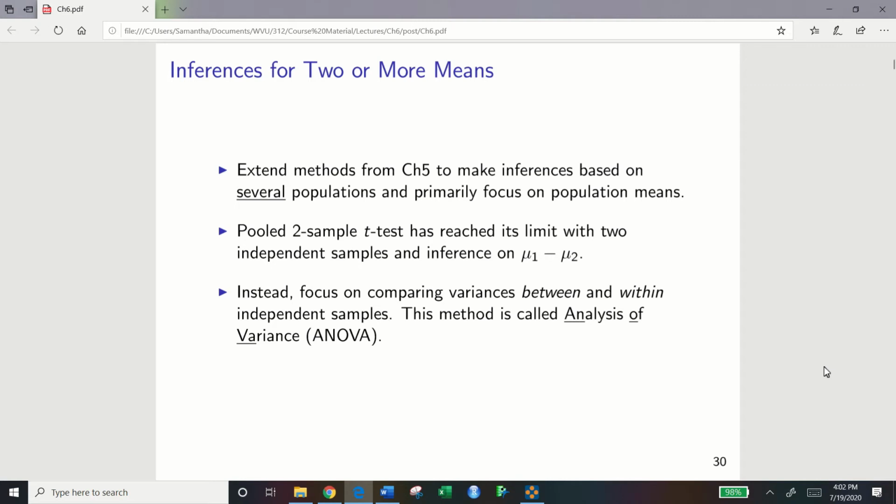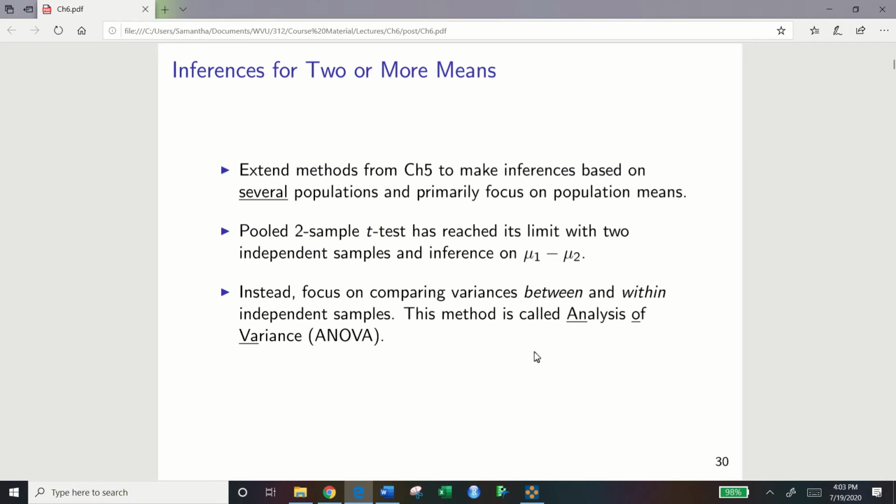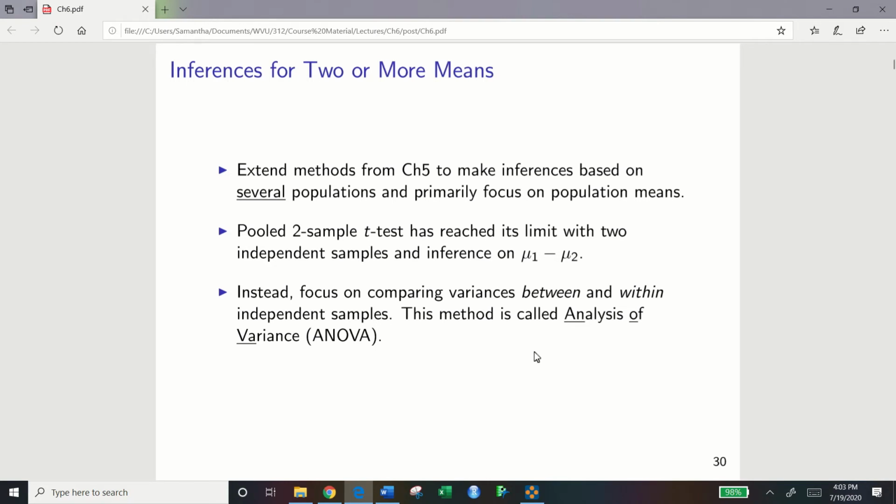So instead, we start focusing on comparing variances, that is, we compare variances between and within independent samples. I will get into this a little more later, but we'll compare not only each of the individual samples' variances to each other, so that means we'll compare the variance of sample A to the variance of sample B, but we'll also look at the variability within each sample. The method of doing this is called analysis of variance, also known as ANOVA.